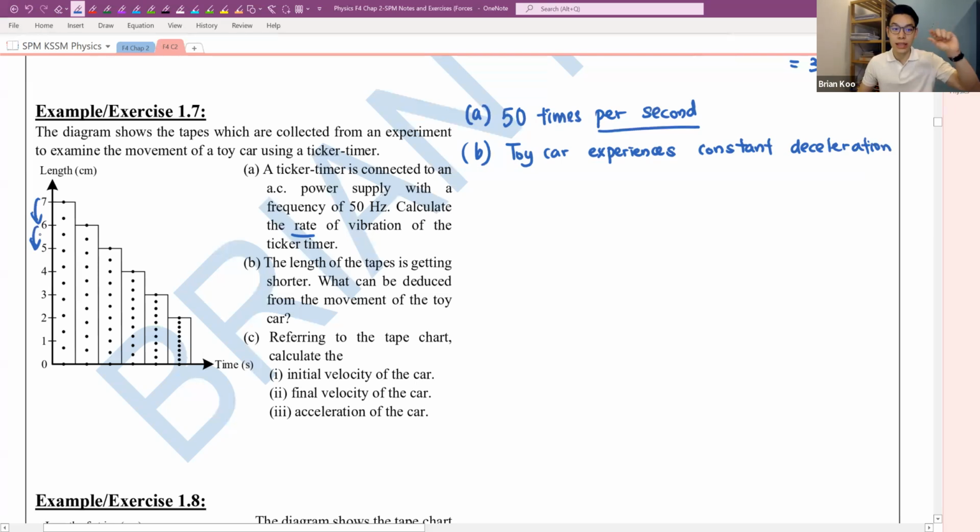The strips keep getting shorter, shorter by 5 cm. And then you could also say the other one. I think you can write down both answers.